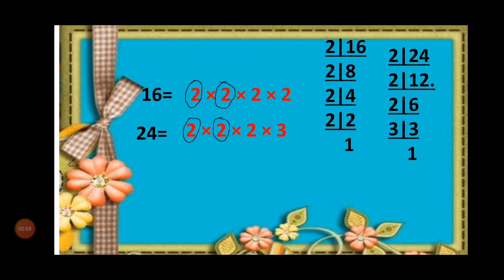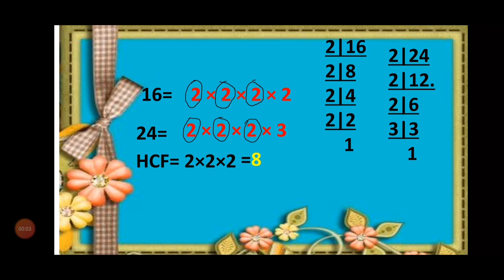And the third 2 is also in 24. The remaining 2 and 3 do not have any other common factor. We are having 3 times 2's common, so we want to write all those factors to multiply. So HCF equal to 2 into 2 into 2. 2 twos are 4, 4 twos are 8. So HCF equal to 8.